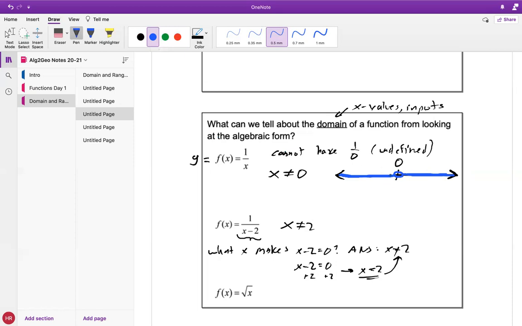You have to split it up into two pieces, because there's this piece here, all the negative numbers, and then this piece here, which is all the positive numbers. The way to write all the x's that are less than 0 is to write x less than 0. This blue piece here is x less than 0, all the negative x's. And this blue piece here is all the x's that are bigger than 0.